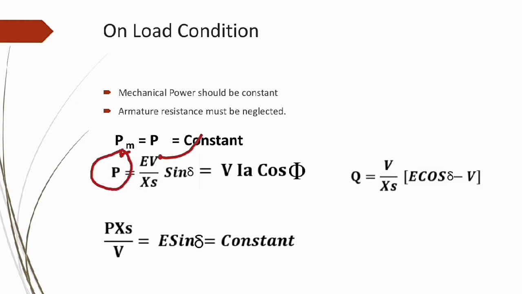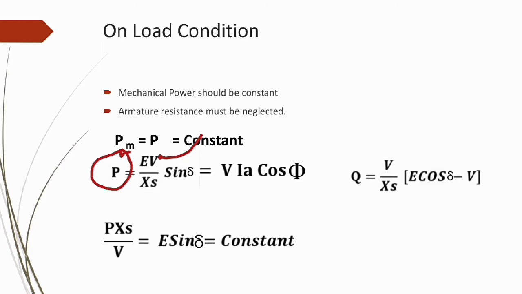The terminal voltage is also constant because the alternator is connected with an infinite bus system, a system where voltage and frequency are constant. So we consider here that power is constant and the terminal voltage, which is connected to the infinite bus system, should also be constant.